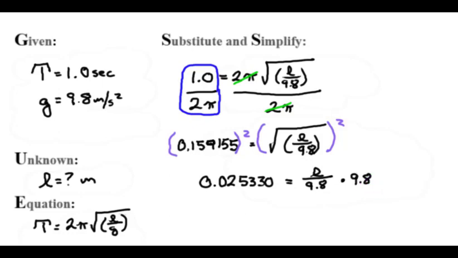And this allows me to cancel. But whatever I do to the right, I've got to do to the left as well. So I get that L equals 0.258237 meters.